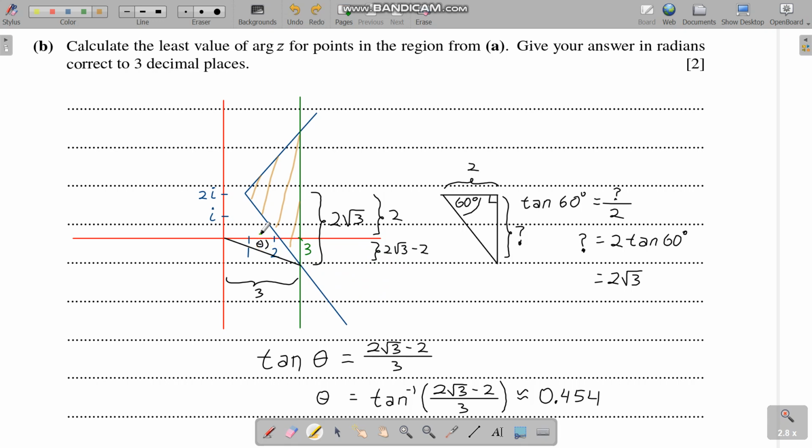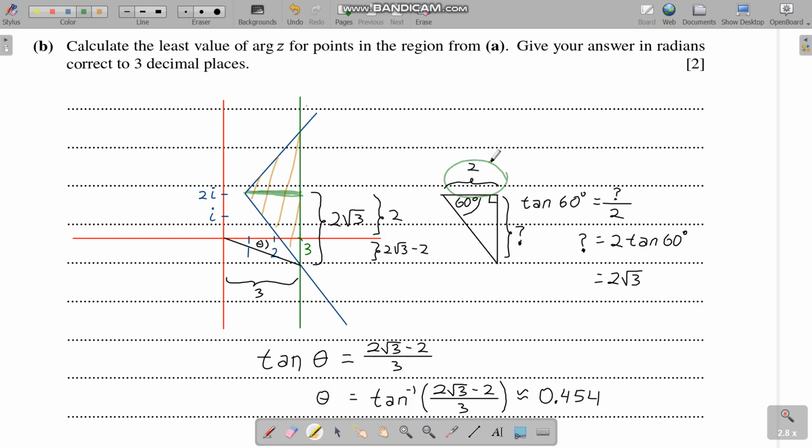To find the theta, we can start with this triangle here. If we look at this triangle, we know that this distance from here to here is supposed to be 2, because the starting point is (1, 2) and this is x equals 3, so this distance must be 2.